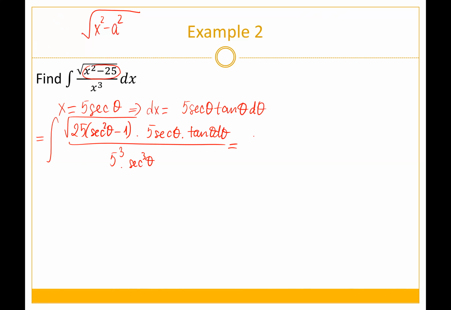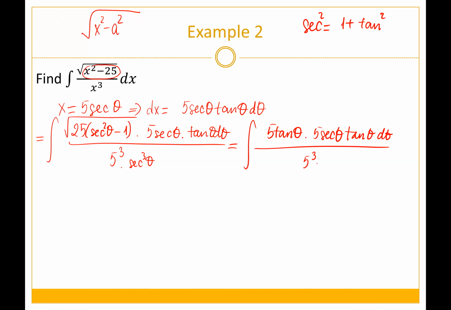In the square root, 5 secant squared, secant squared minus 1 is going to be tangent squared. So under the square root, that's what we're going to have: 5 tangent theta times 5 secant theta tangent theta d theta divided by 5 cubed secant cubed theta.